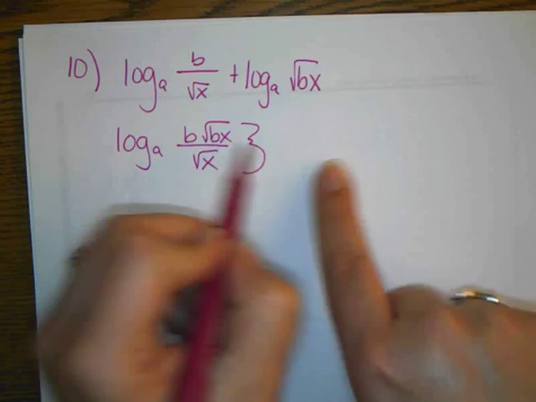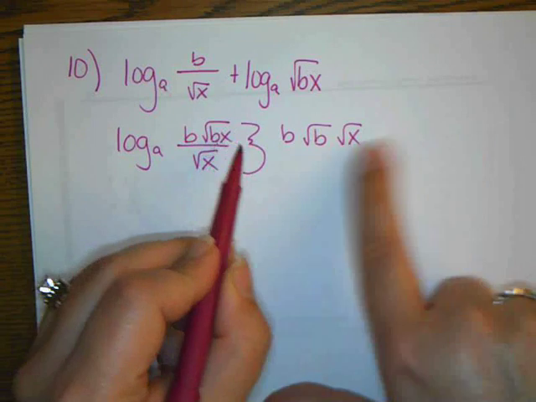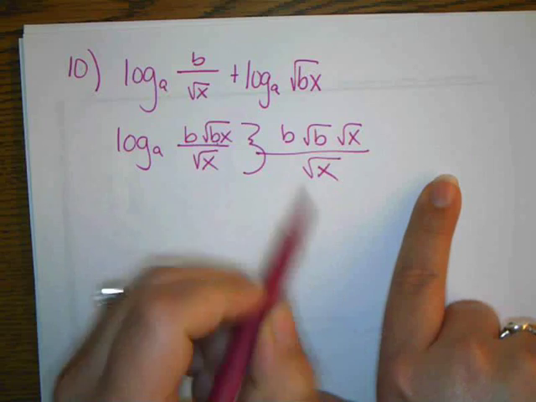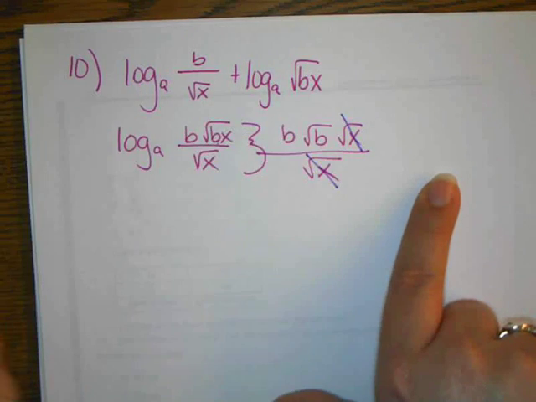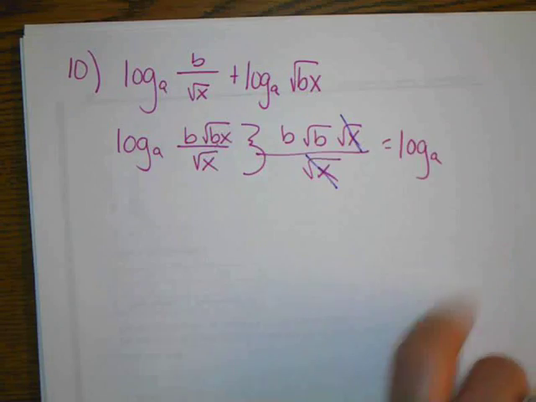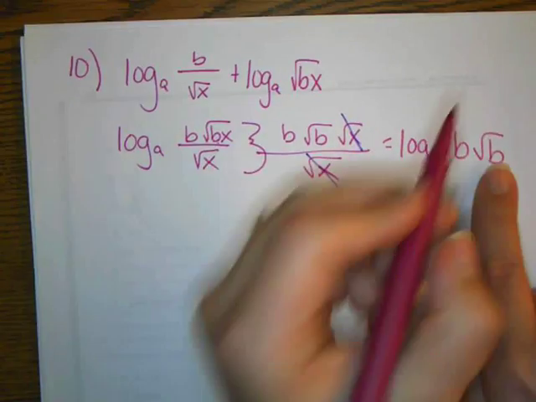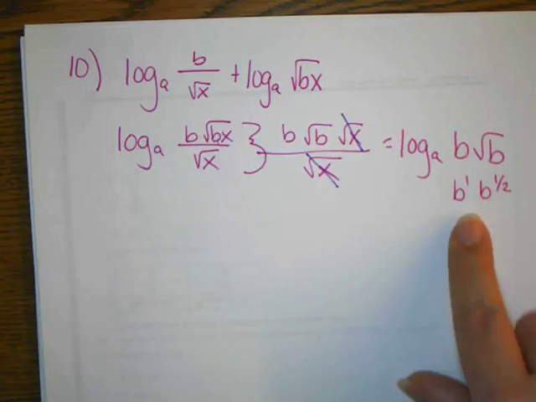This little piece here, you can split these into their own square roots if you'd like. And it's helpful in this case because we have a square root of x in the denominator. So now those do cancel. So we're left with log base A of b times square root of b. And b is to the first, and square root of b is to the 1/2.